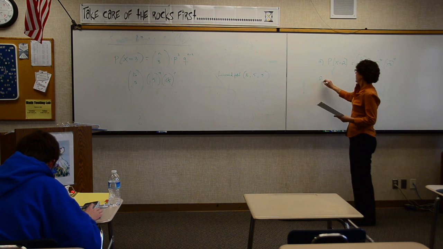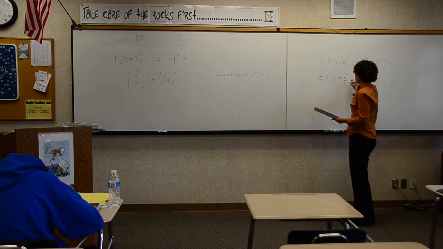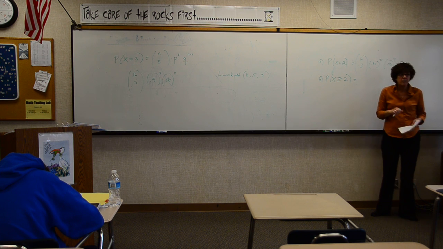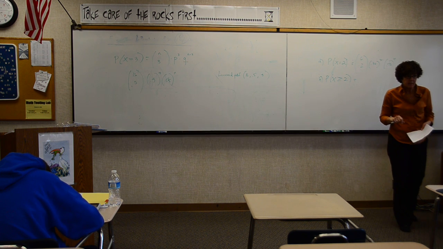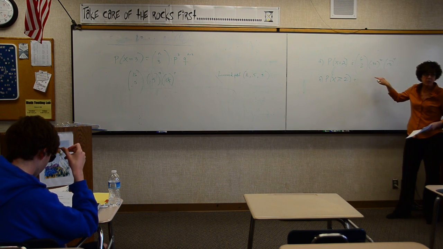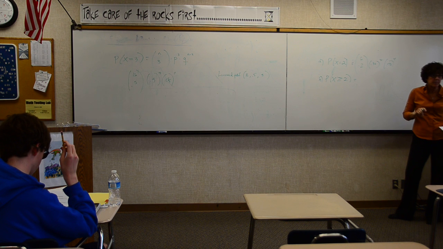All right, B, the probability of at least 2 are defective. So for B, we want the probability that X is greater than or equal to 2. Well, I can do this one of 2 ways. I can go probability that it's 2, 3, 4, 5, 6, and add them all up.